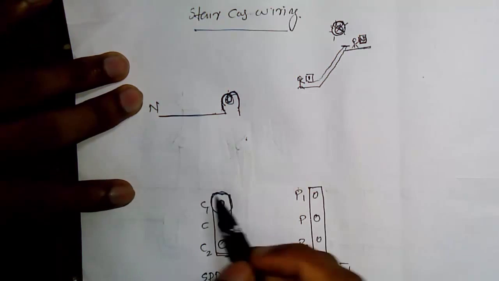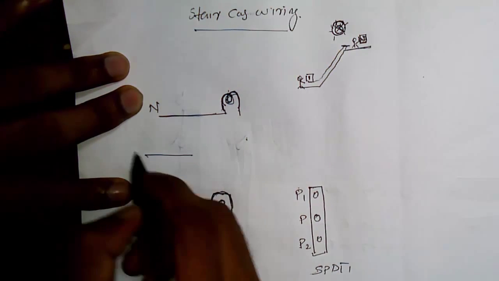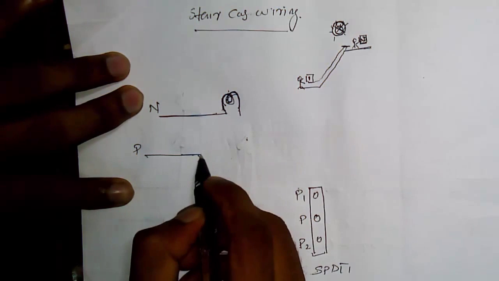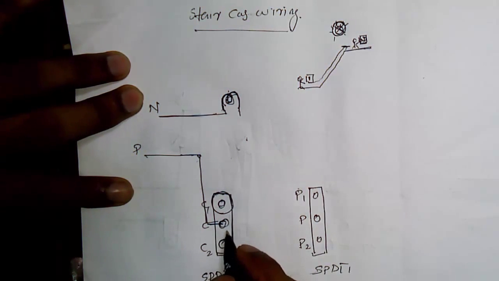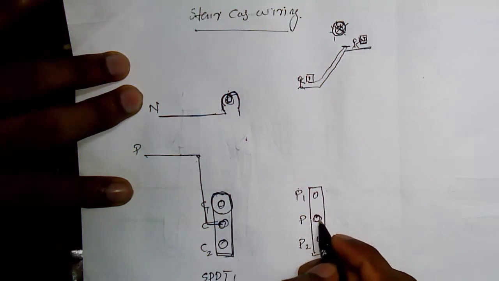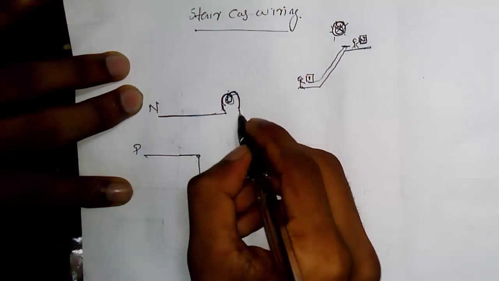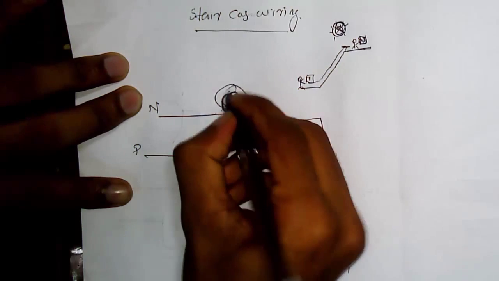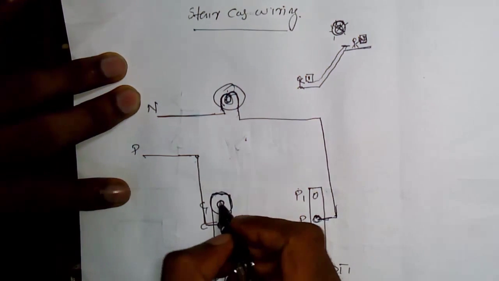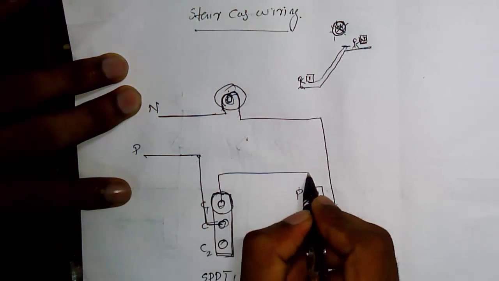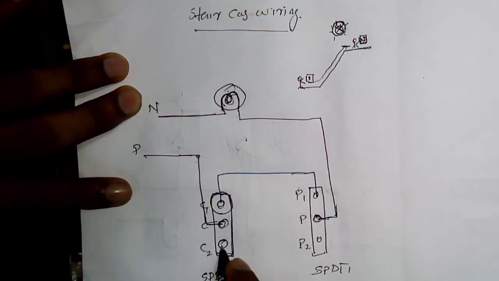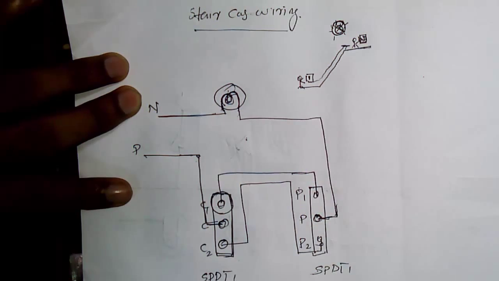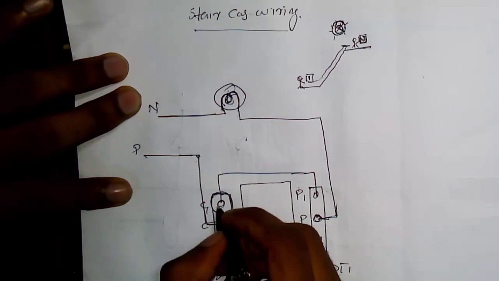points. Now from the phase we connect to the common point of switch 1, and from the common point of the second switch we connect to the bulb. Okay, and now we join these two common points and these two points.